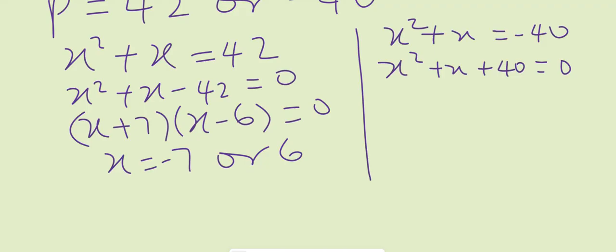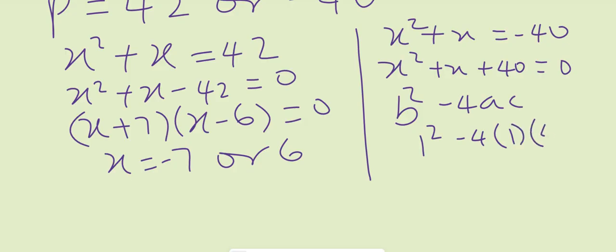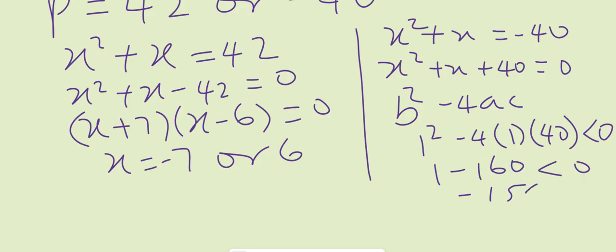How did I know? I'm using the discriminant d, b squared minus 4ac. This b is 1 squared minus 4 multiplied by a is 1 and c is 40. This is less than 0 because I'm getting 1 minus 160, which is minus 159. This is less than 0, so it has no real solution.